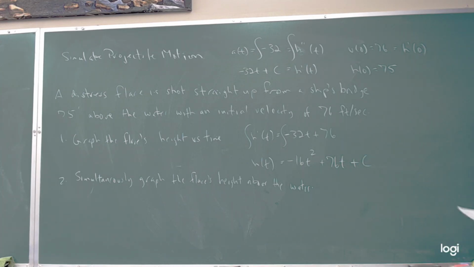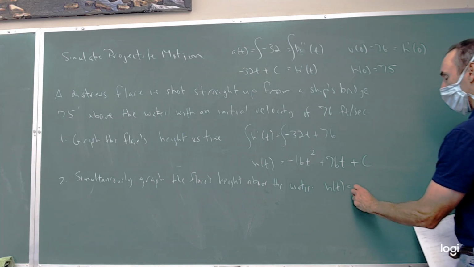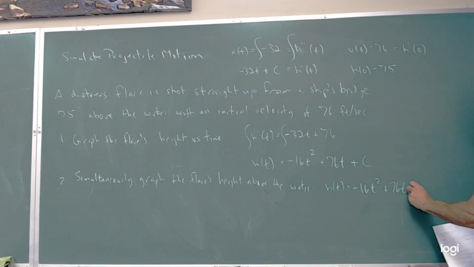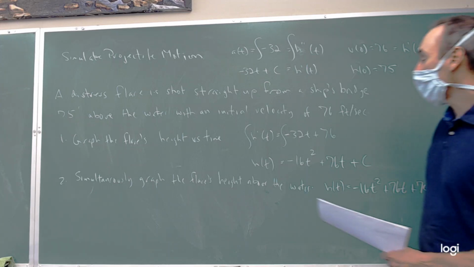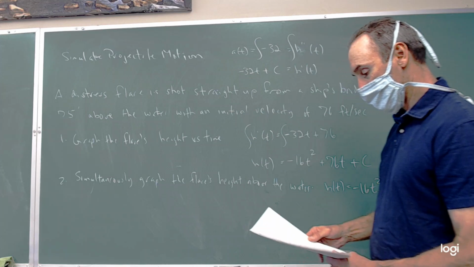A different size c than before. H of 0 is 75 tells us c is 75. Here's our h of t. Negative 16t squared plus 76t plus 75. Okay? So first we're going to graph h, the height, versus time.